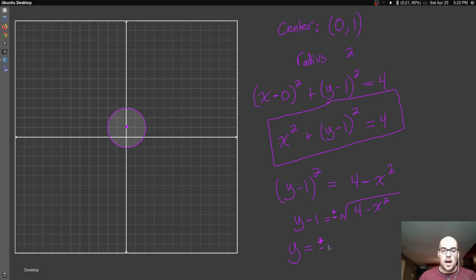Y equals plus or minus the square root of 4 minus x squared, plus 1. If you plugged that into your TI-84, you would have to do it as two lines, one with the positive square root and then one by shoving a negative in front of it. If you did that, it would trace out our circle, I promise you.